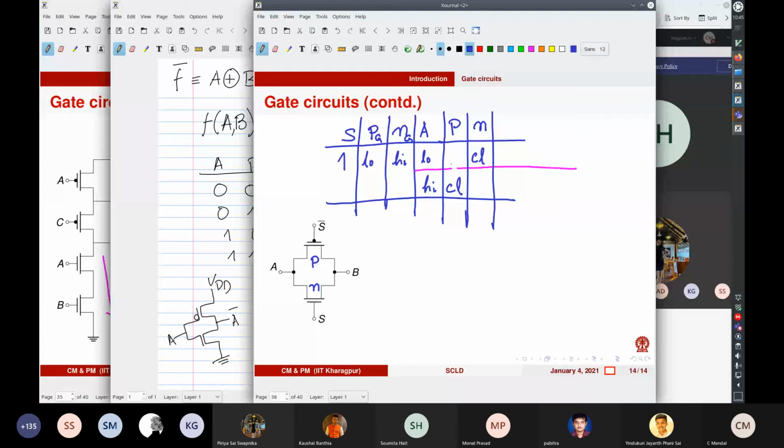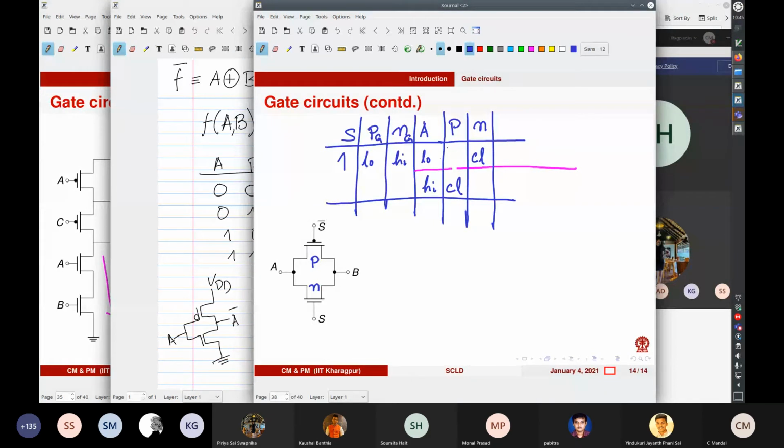So what about these? First of all, I hope these two are clear. If A is high and the gate of this PMOS is low, then you have seen that the channel conducts, so this will be closed.